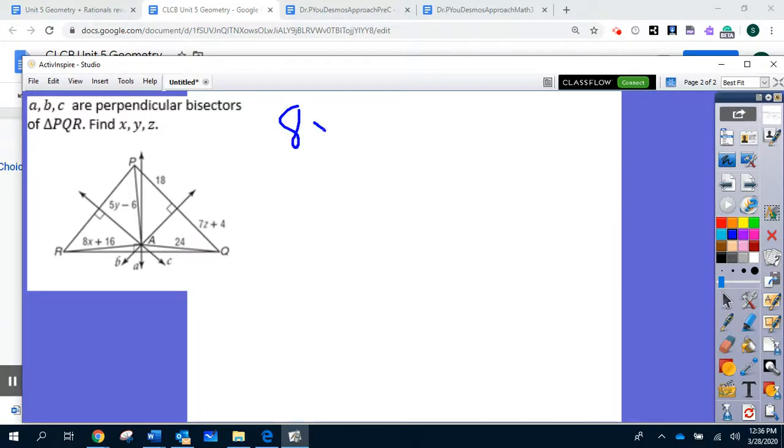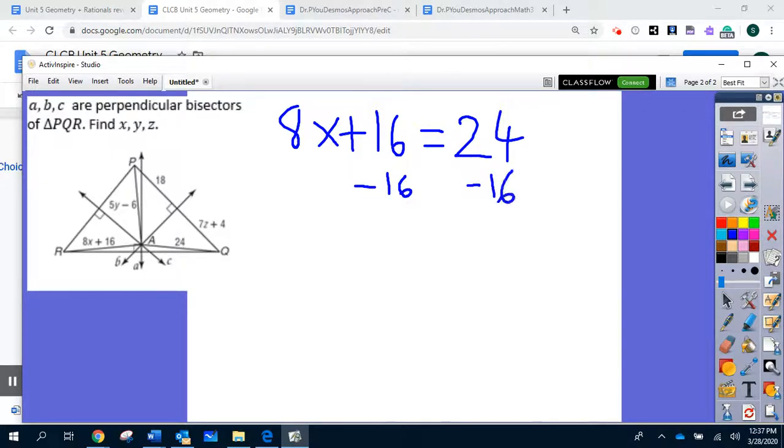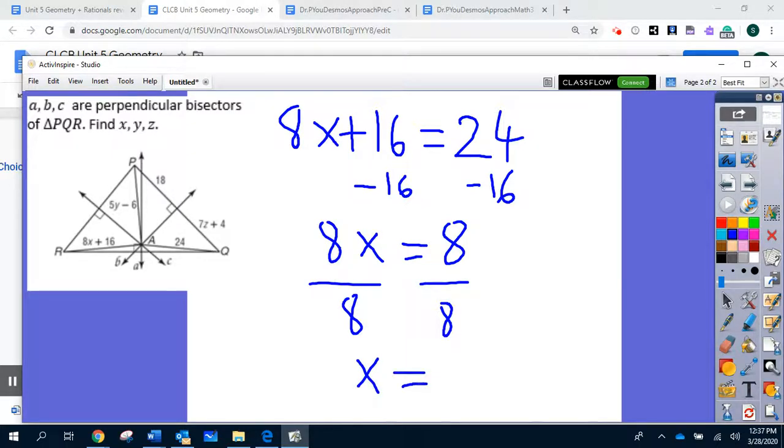So 8x plus 16 equals 24. Just subtract 16 on both sides to isolate x. So 8x remains, equal to 24 minus 16, which is 8. Just divide by 8 and you find the solution x equals 1.